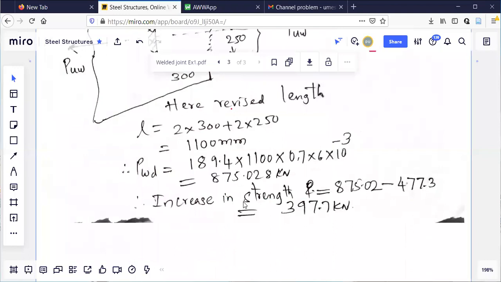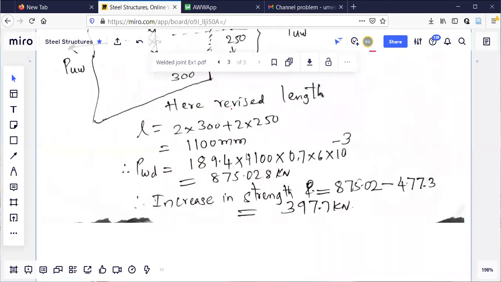Total length now. So for 1100 length, this PWD, that is PW, is calculated. Observe this. 189.4. What is this? FU by square root of 3 into 1.25. 410 by root 3 into 1.25. Already you know this.